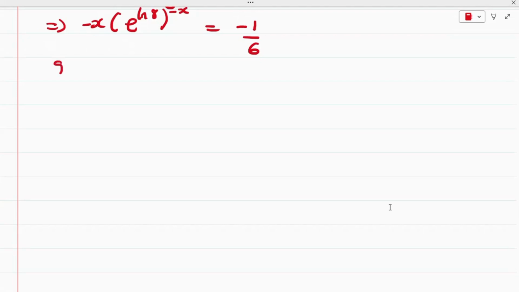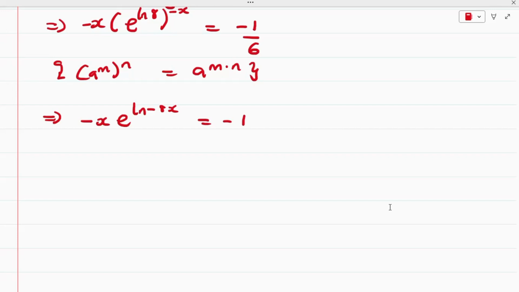From the property of exponents, we have that a raised to the power of m, raised to the power of n, is equal to a raised to the power of m multiply n. So from here, this implies that minus x multiply e raised to the power of minus x ln of 8 is equal to minus 1 over 6.